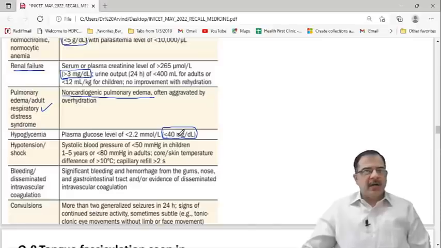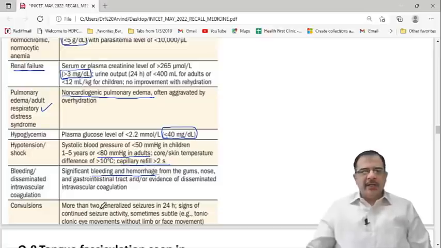Hypotension with a BP of less than 80 in adults; in children it is less than 50. And of course, a capillary refill time of more than 2 seconds. Then, if there is any bleeding or DIC, it is severe malaria. So bleeding or hemorrhage from the gums or nose, or signs of DIC.